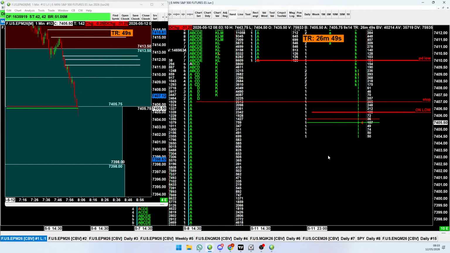Let's see where this thing kind of starts slowing down. But those of you who are short in the 12s and 13s, here comes your bid. It's been very difficult trading.